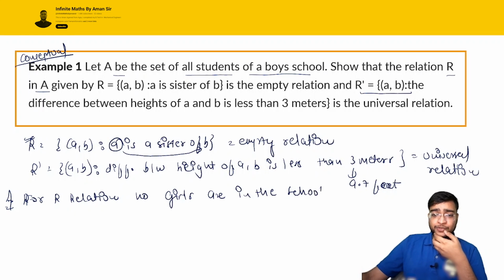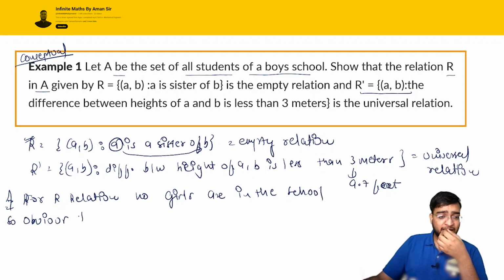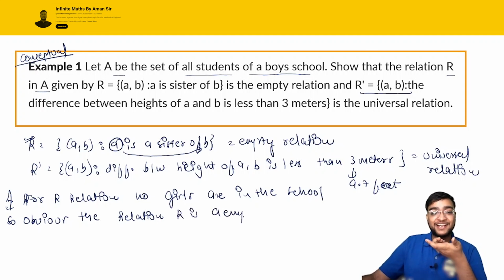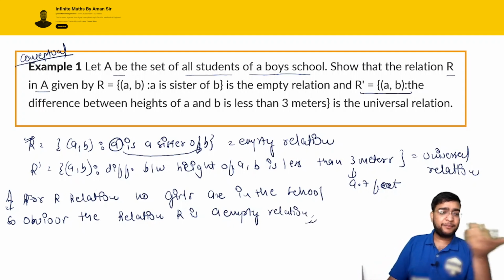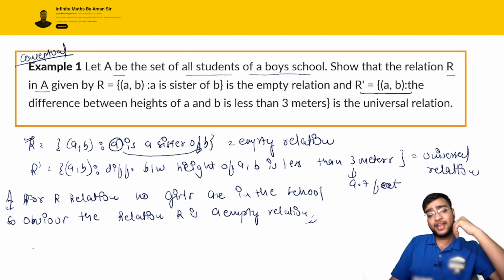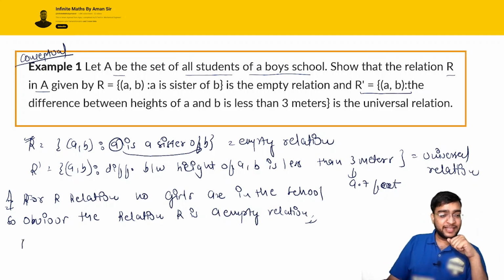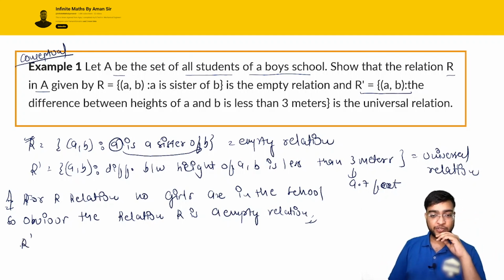So obviously the relation R is an empty relation. That's simply how to think about it. So this is my empty R, which comes from my logic only. Now let's say for the R dash, only for the R dash. So what is the R dash thing here?